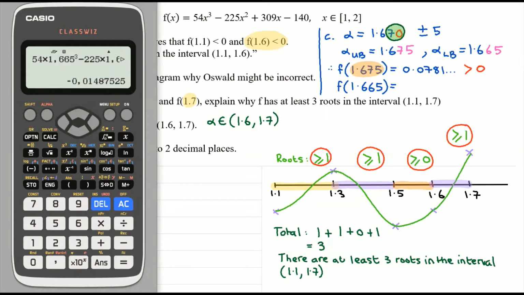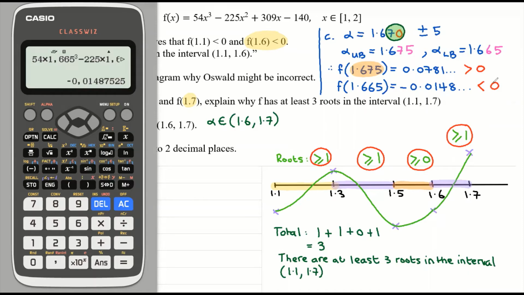And there we have it. We have a negative value. We've just verified that there is a change of sign. So this is negative 0.0148, dot, dot, dot. This is negative. And we can use the theorem now.